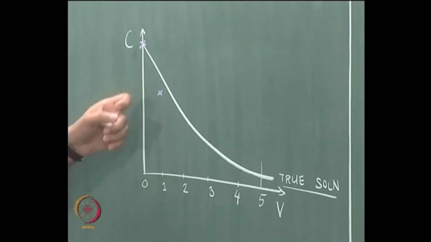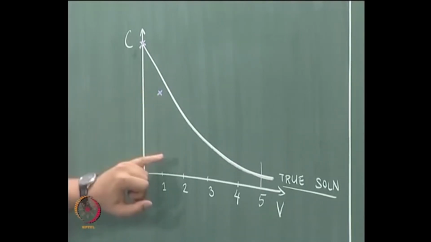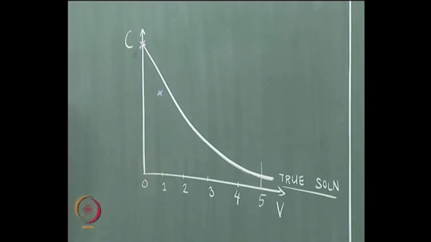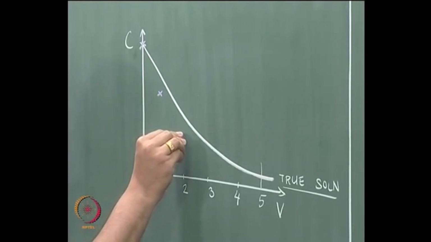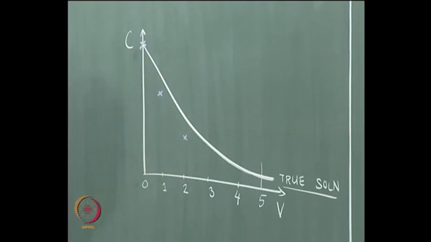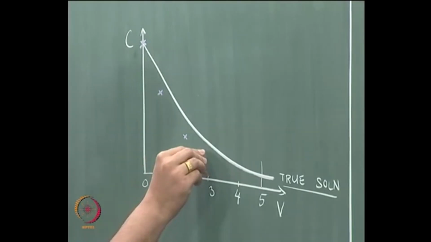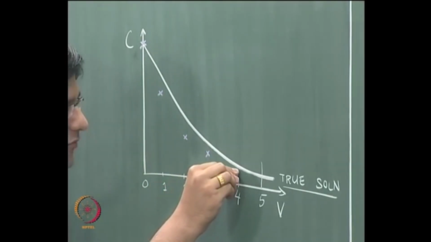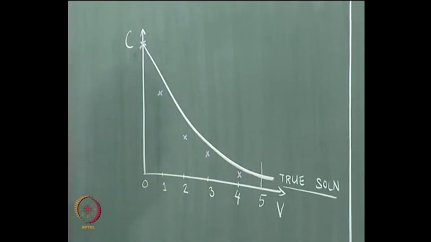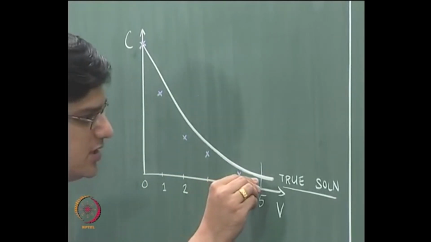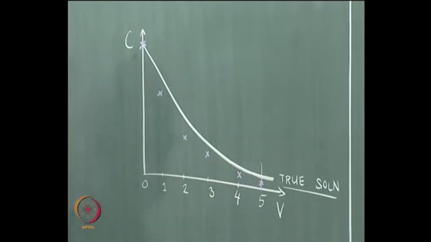We apply the same RK4 method once again, and from this point we will reach this point that I am showing over here. From this point onwards, if I apply this method again, I will reach here, from this point onwards I will reach here, and finally I reach this particular point.